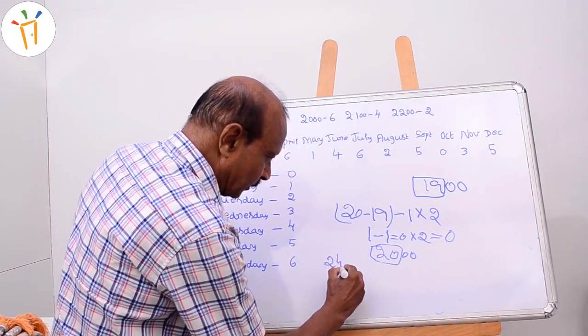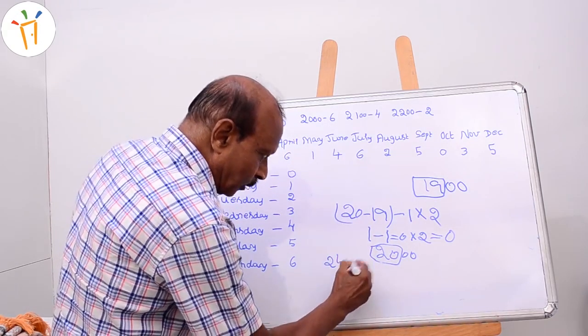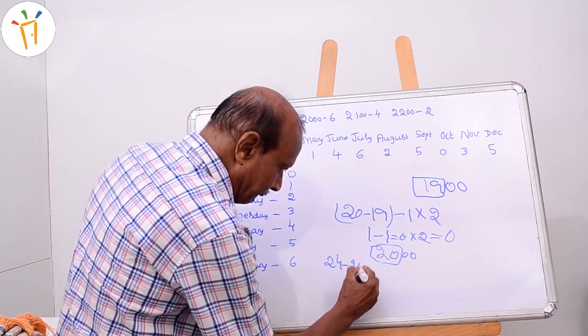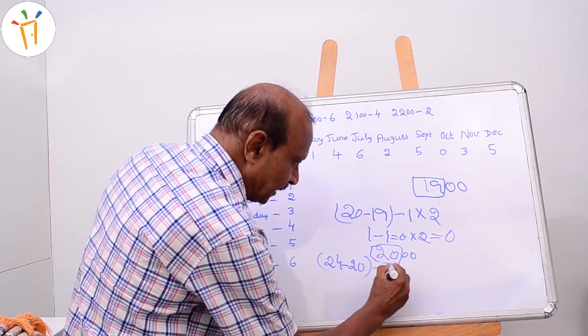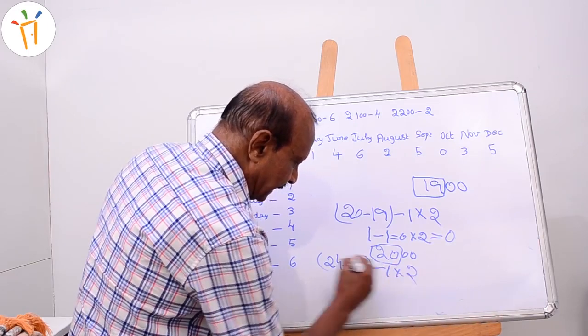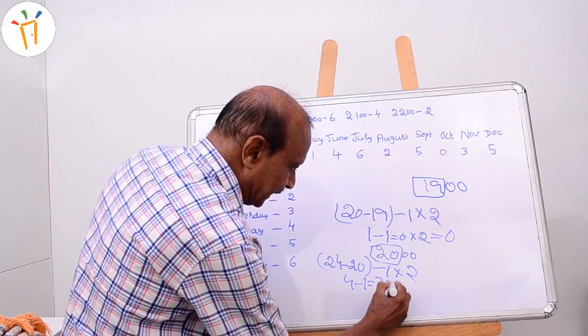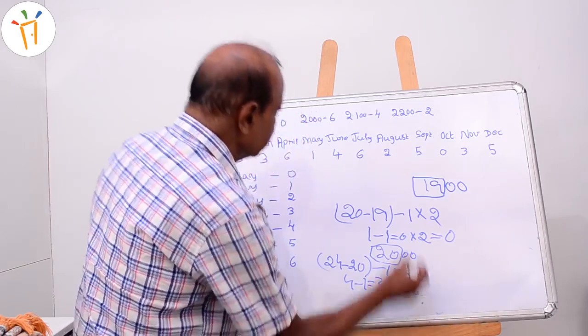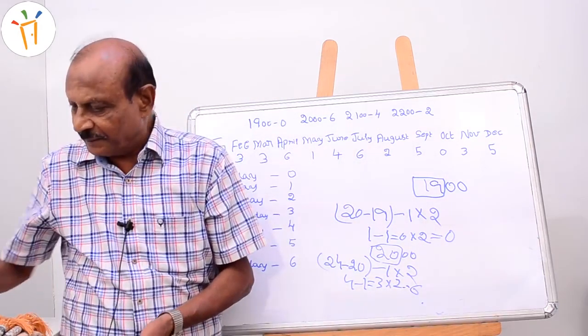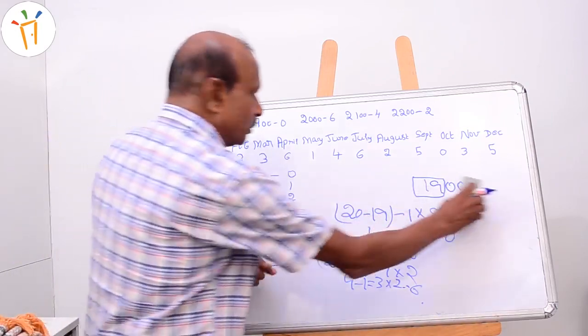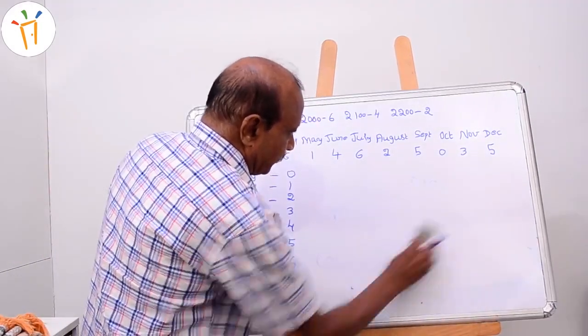So 24 minus 20, as usual, minus 1 into 2. That is 24 minus 20 is equal to 4. 4 minus 1 is equal to 3. 3 into 2 is equal to 6. This is the code number. 6 I have given.